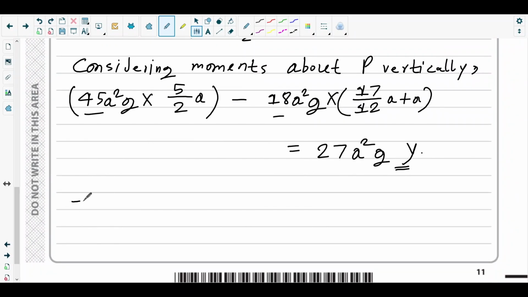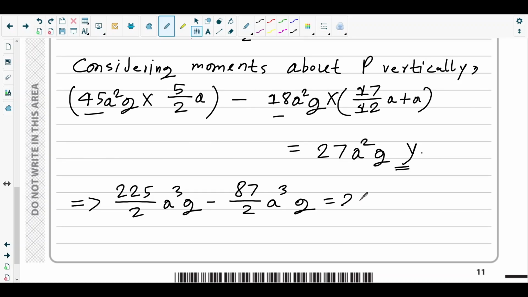Now do the calculation. 45 times 5/2 is basically 225/2 a cube g, minus 17/12 plus 1 times 18, which is basically 87/2 a cube g, equals 27 a squared g y.